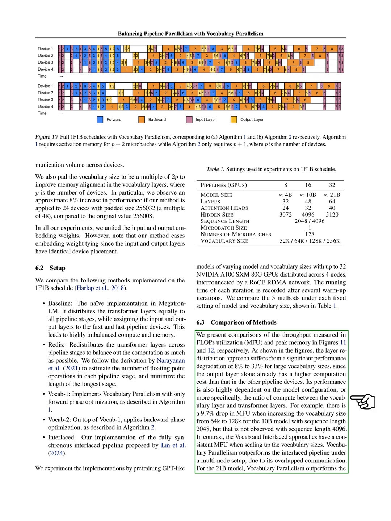Although vocabulary parallelism requires some extra activation memory, it becomes negligible as we increase the pipeline parallel size. However, the interlaced pipeline demands 1.5 times more activation memory than the 1F1B setup, causing out-of-memory issues when training the 21 billion model with a sequence length of 4096.